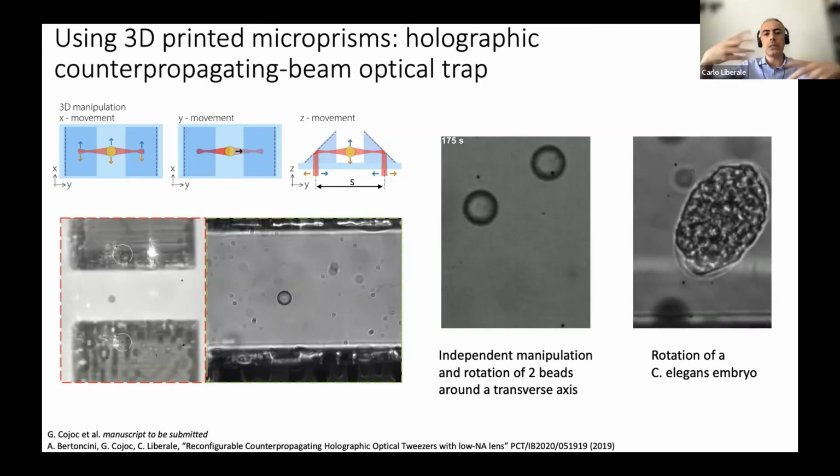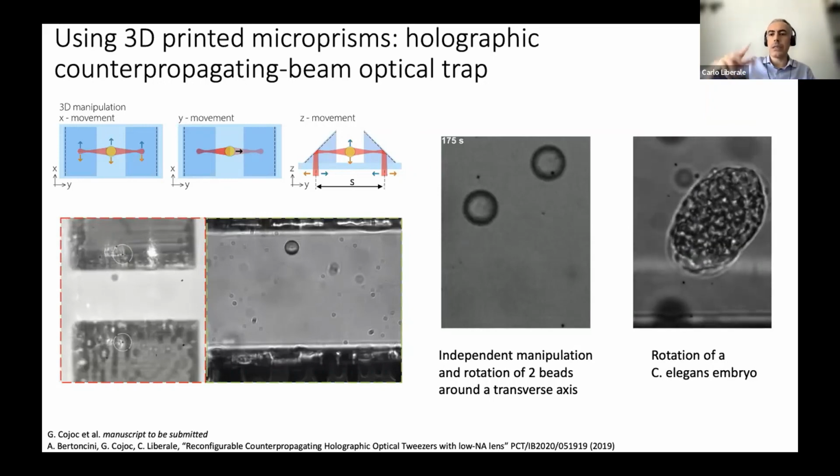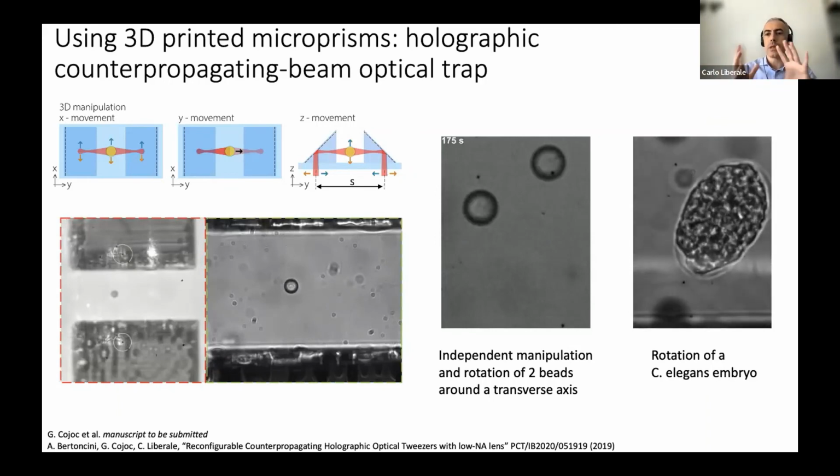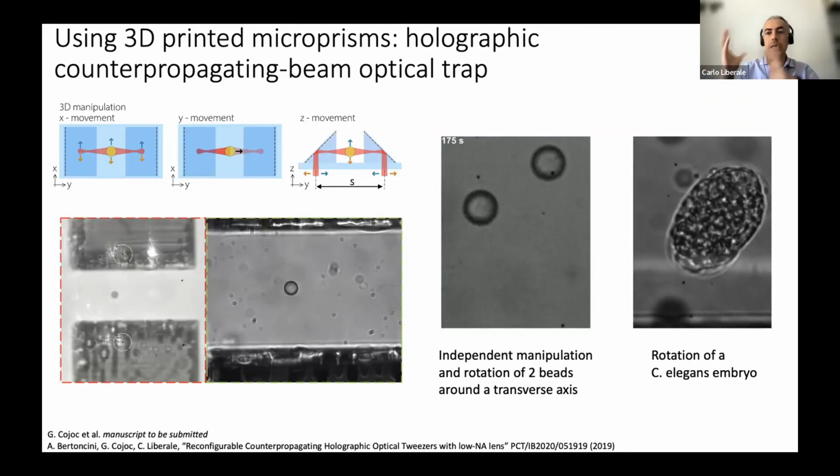This system lets you do so, and you collect the images from different angles. By applying this method of tomographic phase reconstruction, you can really recreate the 3D distribution of the refractive index of the particle, which gives you the three-dimensional, label-free structure.